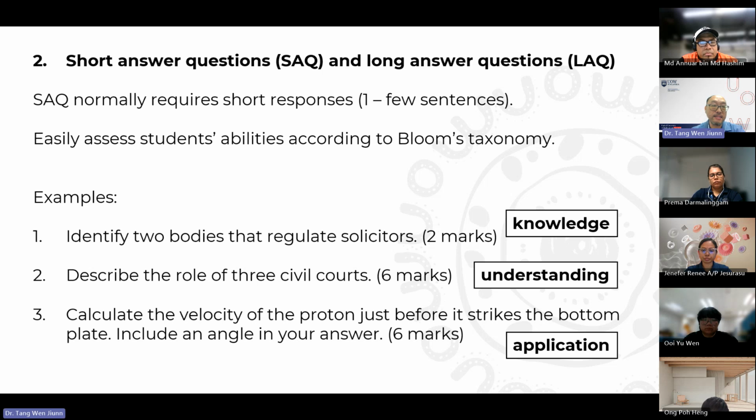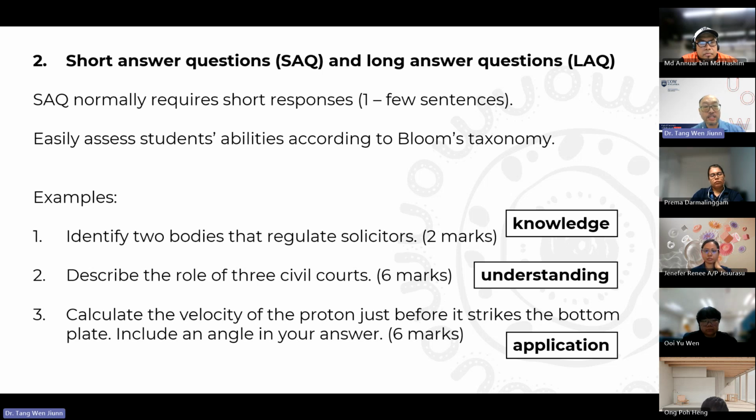For example, identify two bodies that regulate solicitors, two marks. We require just one or two sentences, and since it says identify, we know this is the lowest level, knowledge.